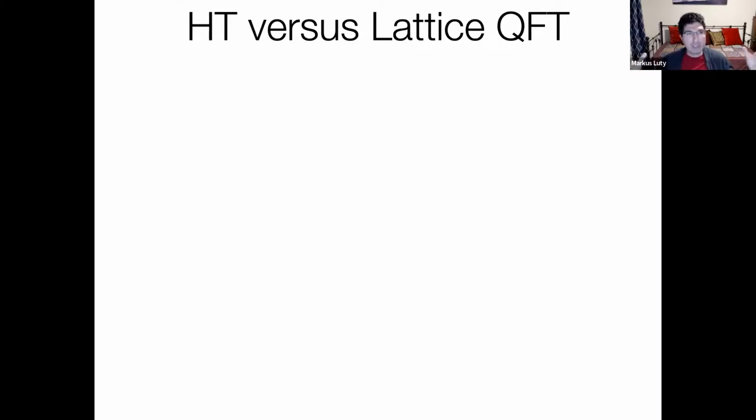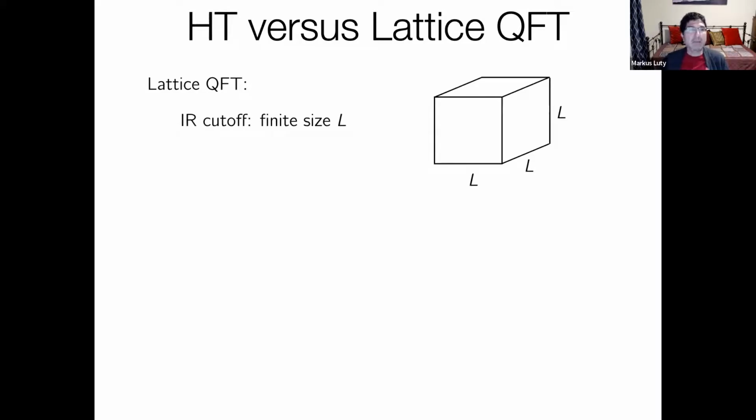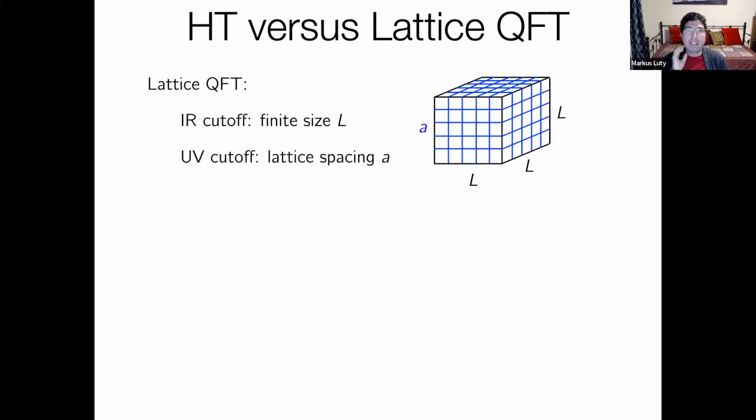So they're very, very large matrices, and you just diagonalize them numerically by brute force. So the natural comparison of this method is with the lattice, okay? So let's compare those. In the lattice, we have an IR cutoff because we need to put the system in finite volume so that we have a finite system, okay? And then we have a UV cutoff, which is the lattice spacing, right?